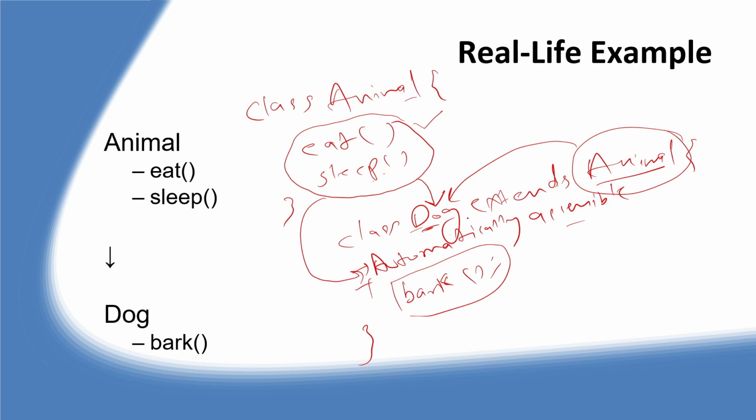So code reusability, proper structure. So the child class will have two things: one, whatever property and behavior it is getting from the parent class, plus additionally its own properties and behavior.